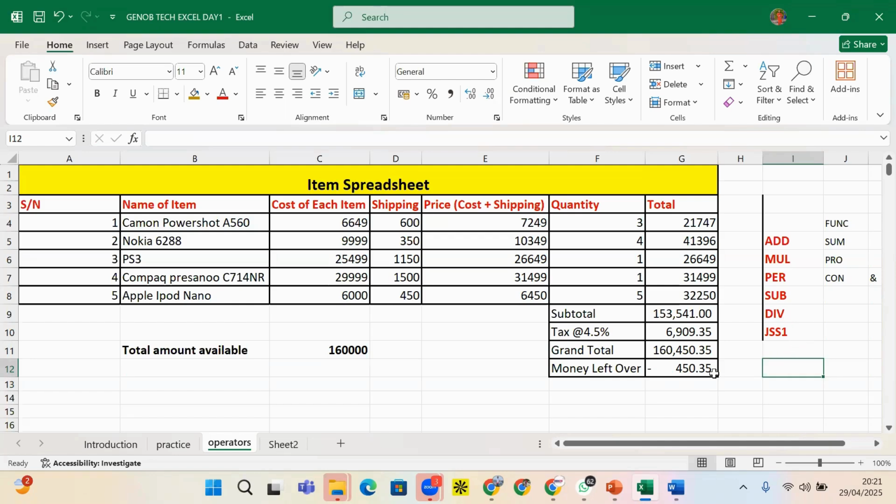This total amount available, where do we get it from? No, this one is just like this one. It was generated, right? Let's say you cannot get it from anywhere. Is it the total of each item? No. It's the money you took to the market.